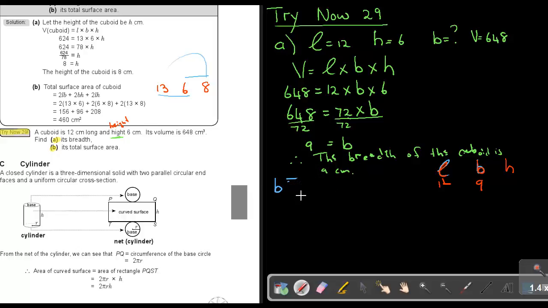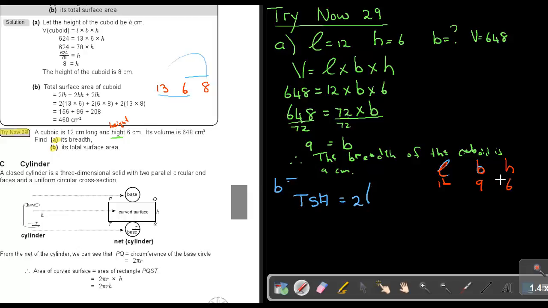So I can say the total surface area is 2. Okay, let me just put this one also in. The height was 6. That was a 12. Okay, can I rewrite it also for you?